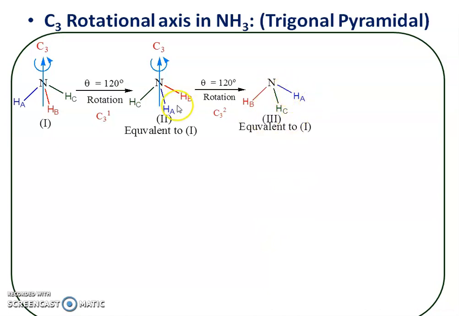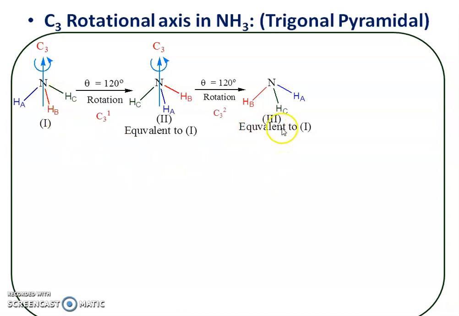A will come here, so 120 degree rotation is there. So initially A was here, it takes position of B now. Now B takes position of C. Initially C was here. So in this way we get again equivalent structure as that of first. So structure 3 and structure 1 are also equivalent structures.